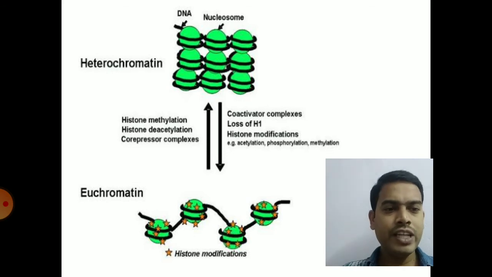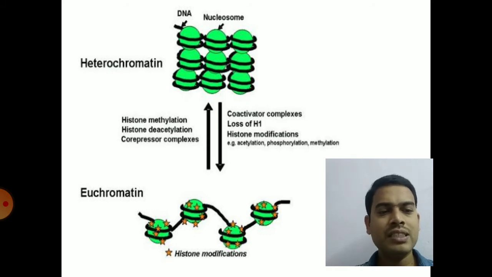During DNA replication or during transcription, the heterochromatin is converted into euchromatin. Once the process is completed, that is transcription as well as replication, euchromatin will again be converted into heterochromatin. So condensation and decondensation will occur continuously whenever there is a need for DNA unpacking.